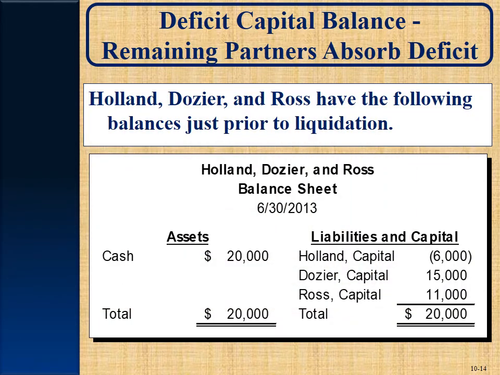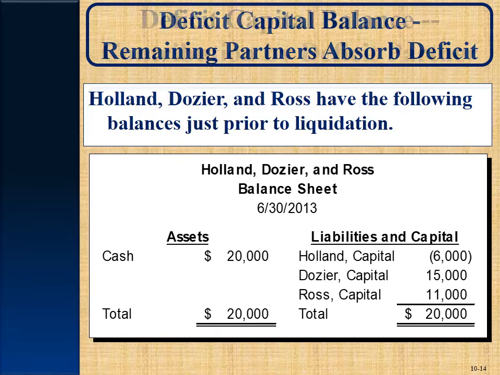Now, let's take this as an example. Cash, the only asset during termination here in liquidation, is $20,000 in cash. Holland has a $6,000 deficit before liquidation. Dossier has $15,000 and Ross has $11,000. They're positive.